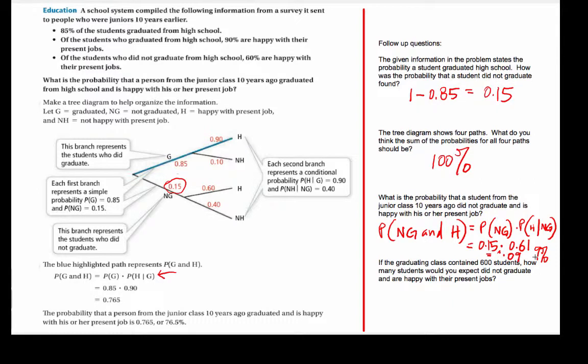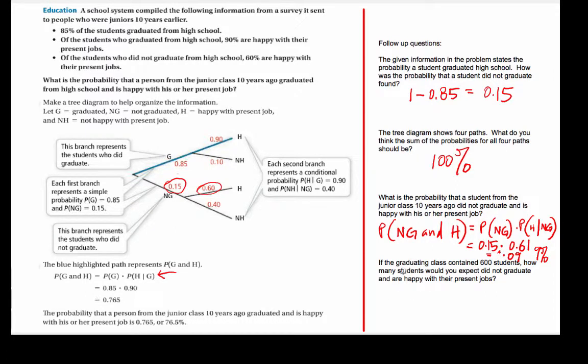And lastly, if the graduating class contained 600 students, how many students would you expect did not graduate and are happy with their present jobs? We need to take a look over here. The probability that they did not graduate and are happy with their jobs is this value right here, 60%.